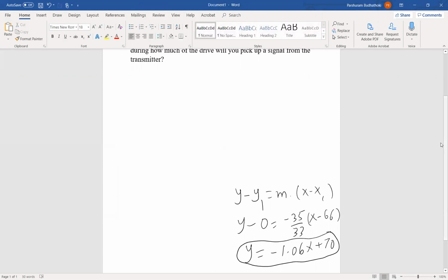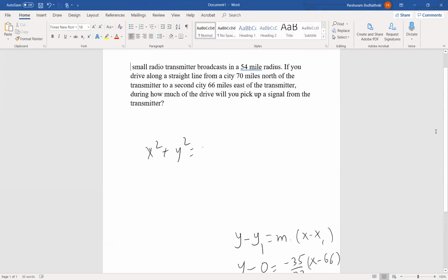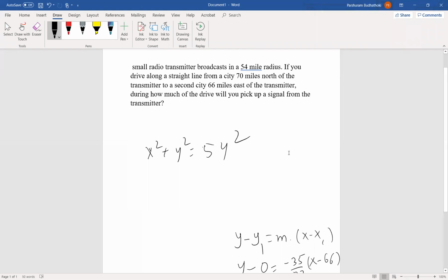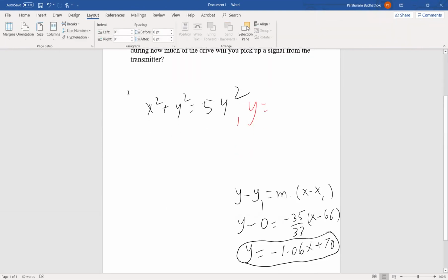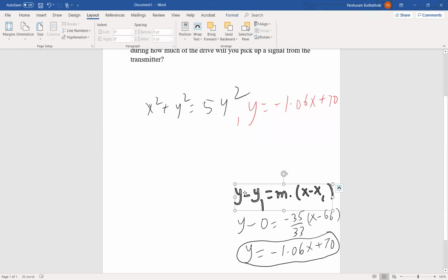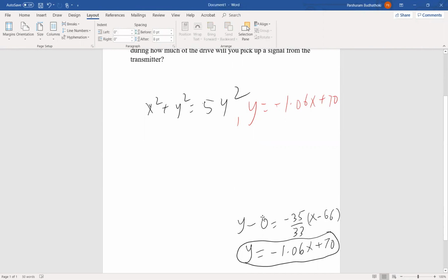Our equation of the circle is x squared plus y squared equal 54 squared, since the radius is 54. And the equation of the line is y equal negative 1.06x plus 70. Our goal is to find the point of intersection of these 2 equations.